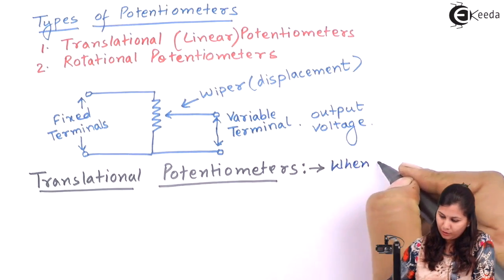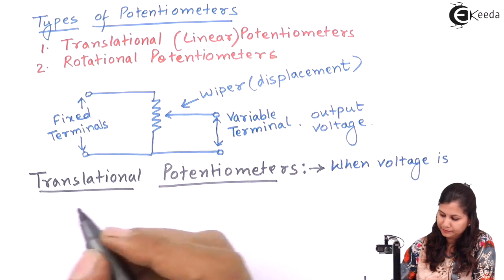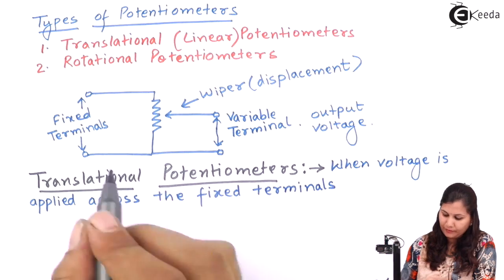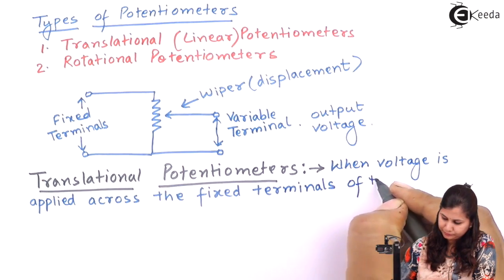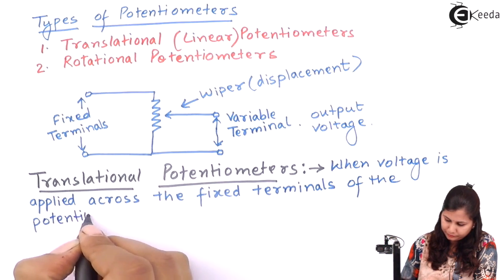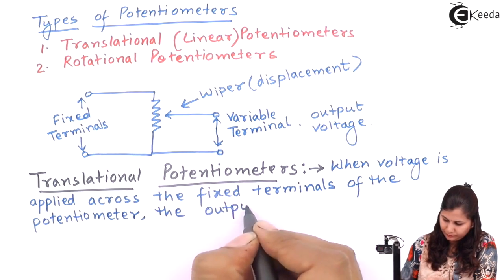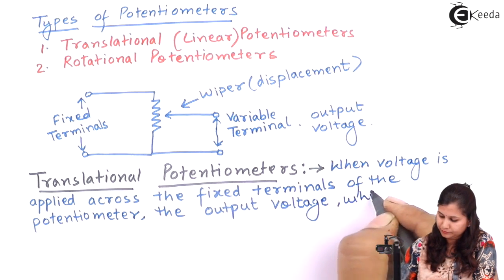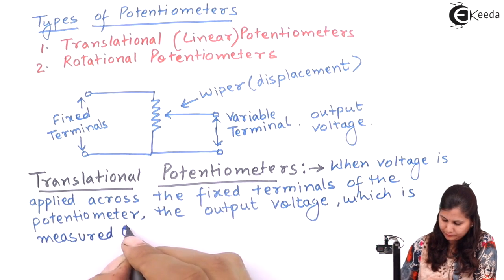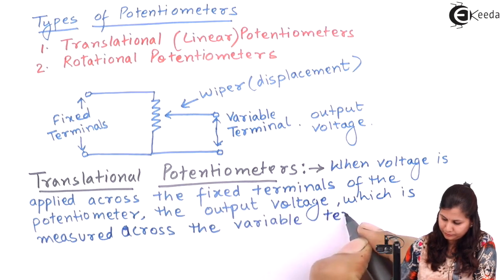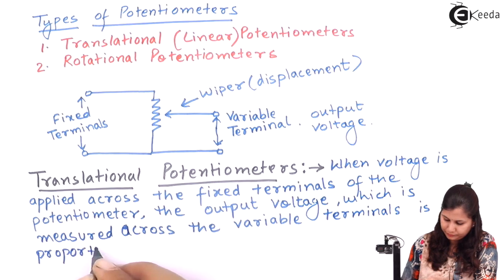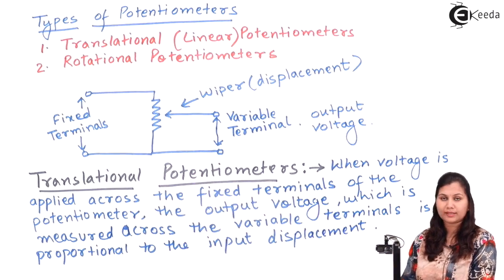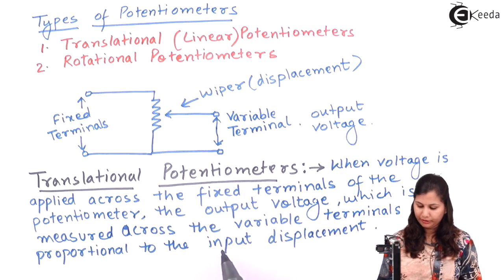So when voltage is applied across the fixed terminals of the potentiometer, the output voltage, which is measured across the variable terminals, will be proportional to the input displacement.